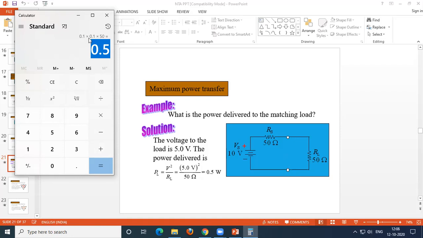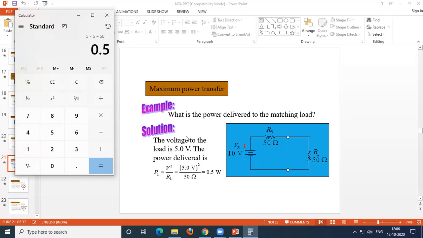Instead of that, using V square divided by R, the voltage across the load is 5 volt, and the power delivered to the load is V square divided by R, which is 5 into 5 divided by 50, equal to 0.5 watt.